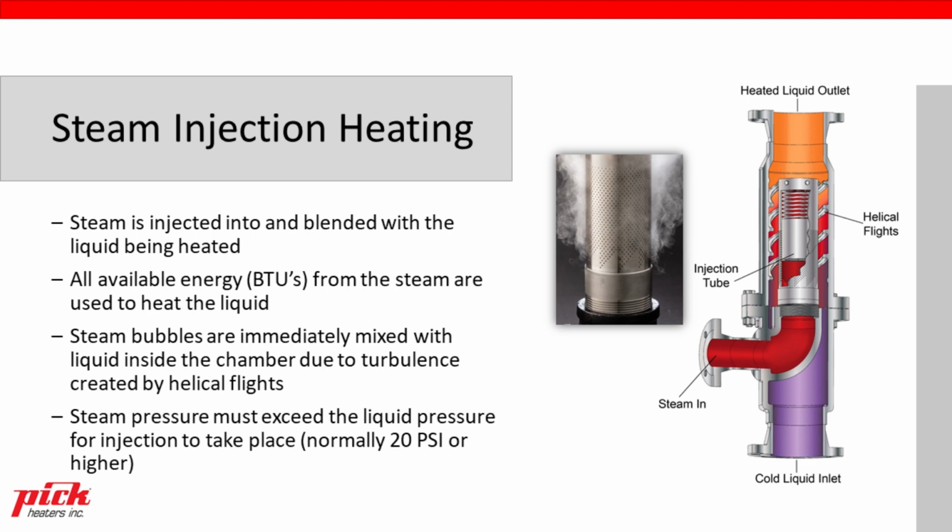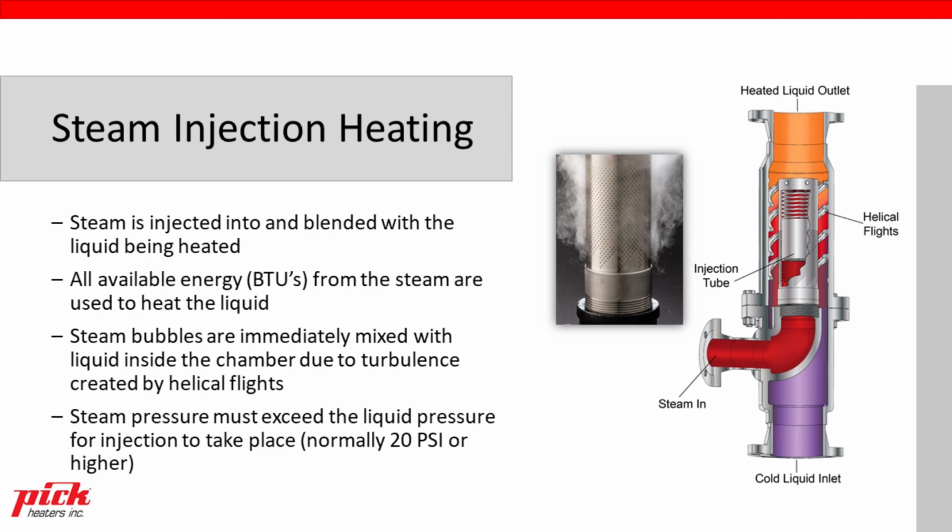So the principle of operation for this device, again, looking at the cutaway drawing on the far right side, the cold water enters on the bottom where it's a purplish color. The steam is entering the side where it's red, and the hot liquid is leaving the heater where it's orange, so the steam is already mixed. So that steam is injected into and blended with the liquid that's being heated, and this is all happening inside that chamber.